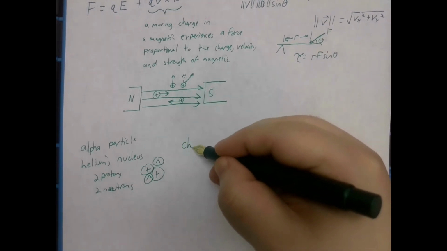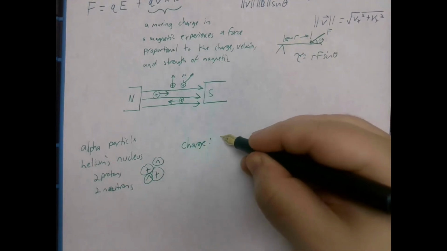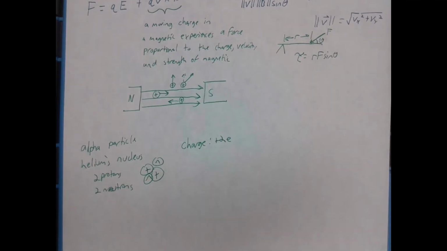So it would have a charge equal to plus 2e. And e is equal to 1.602 something times 10 to the negative 19. So 1.602176634 times 2.